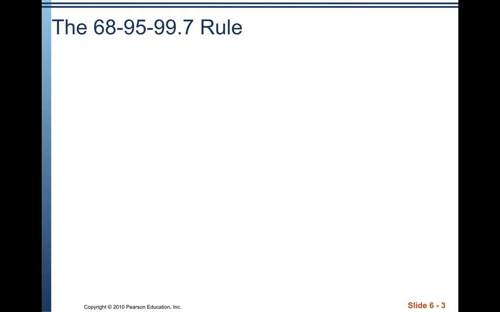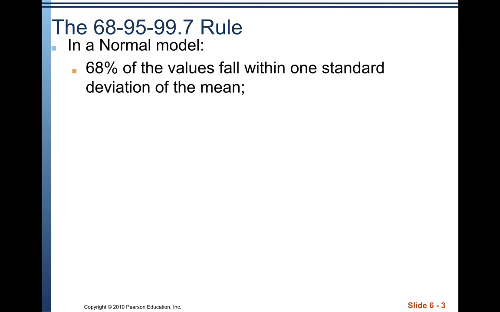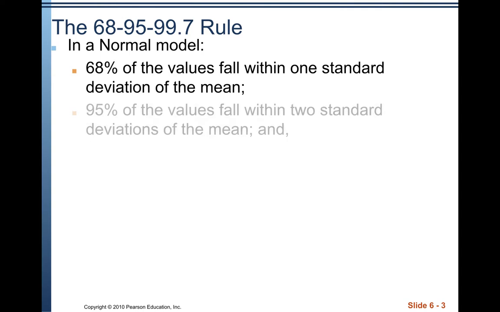But basically, what this says is that if we know that a set of data is normally distributed, meaning it's unimodal and it's symmetric, that approximately 68% of the values is going to be within one standard deviation of the mean. So that means it could be anywhere between one standard deviation below to one standard deviation above. So about 68% of the values will fall within one standard deviation of the mean.